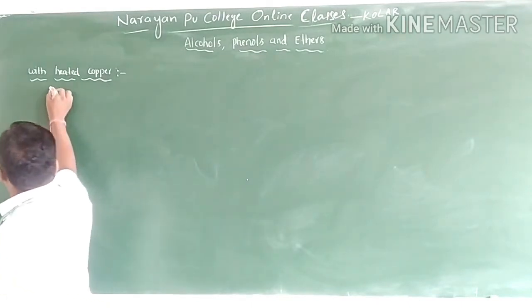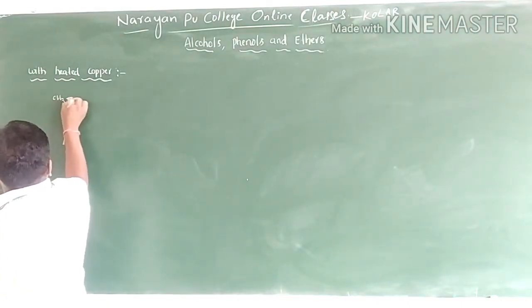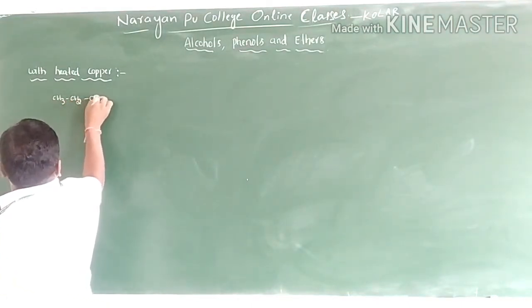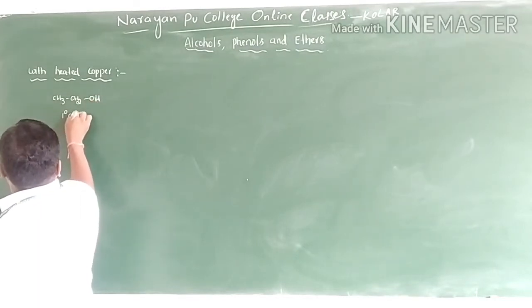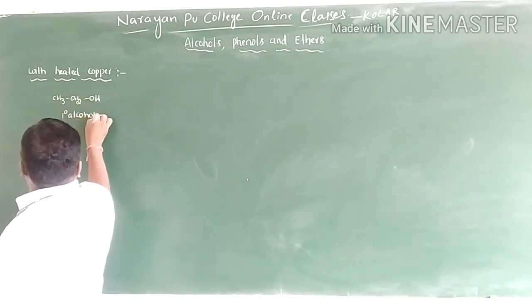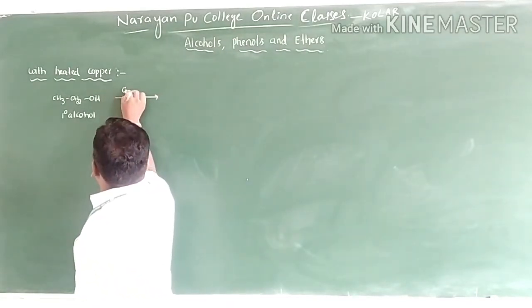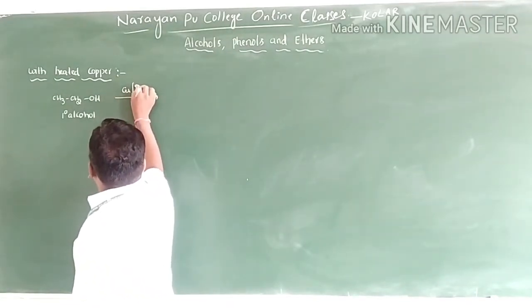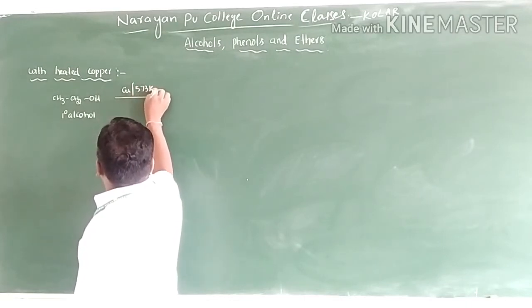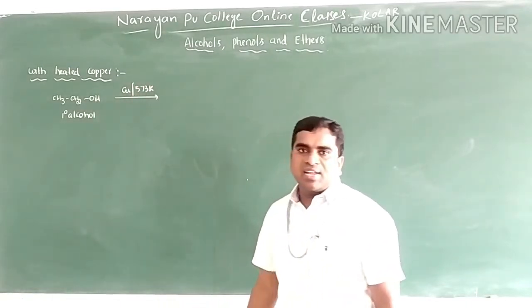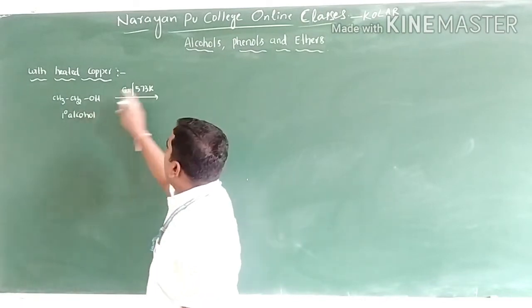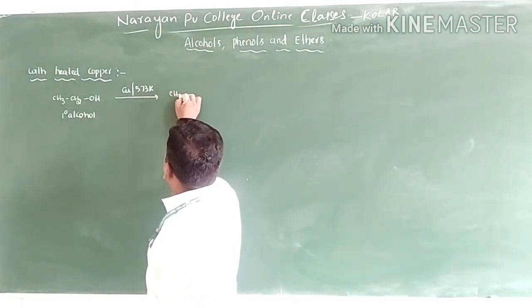First I will write primary alcohols, CH3 CH2 OH. This is which alcohol? Primary alcohol. Now with heated copper at 573 Kelvin, or 300 degrees centigrade, alcohols are oxidized to which one?